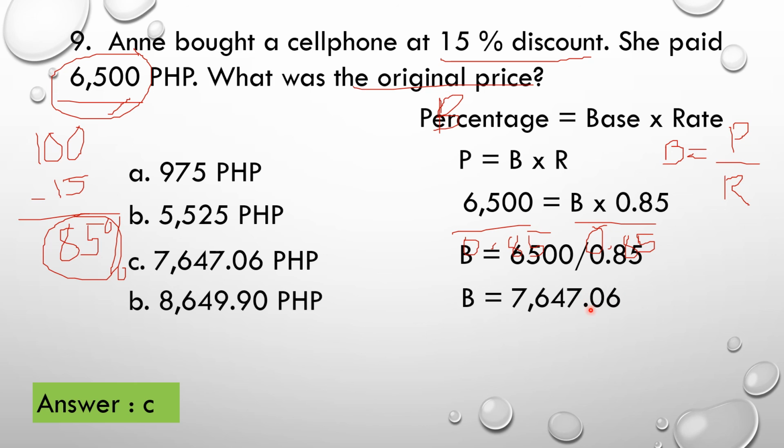Now, if you want to check if this is correct, this is the original price, right? You get 15% of this. If you want to double check, get 15% of 7,647.06, and then subtract the result from this, and the result should be 6,500.